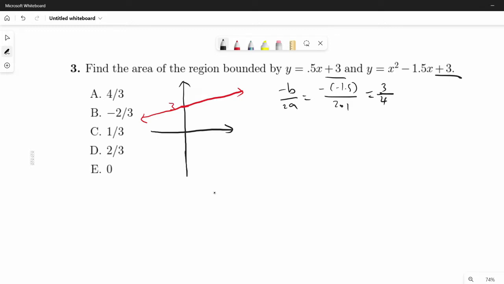So 0.75-ish. And since it's pointing upwards, with the positive leading coefficient, we can sort of draw the parabola like so, hit a lowest point here, and then come up after, since it's symmetrical.